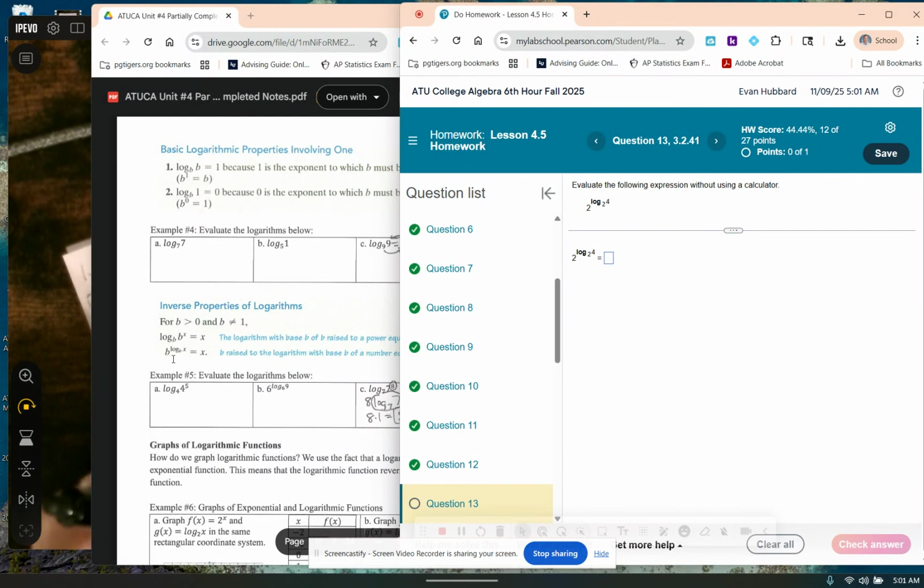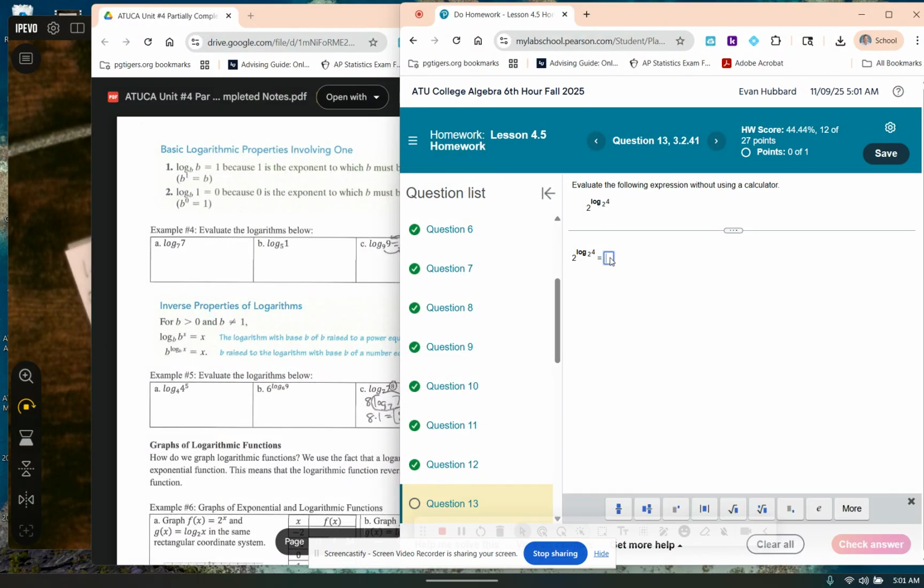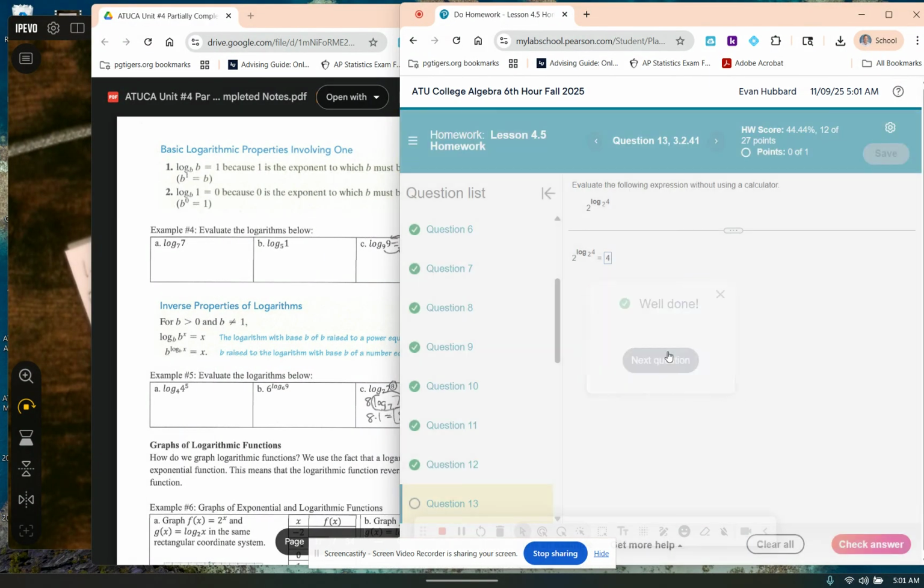This is just 1, and then you bring down the 4. So 2 to the log base 2 of 4 is just equal to 4. If you want to dumb it down, it's just going to be this number right here. The other parts kind of cancel themselves out.